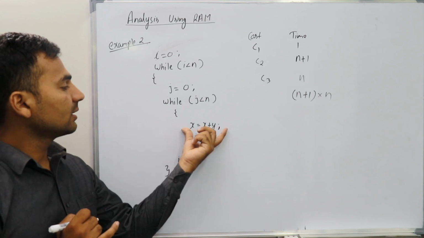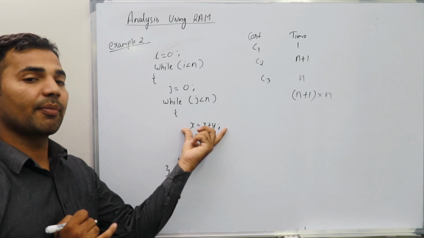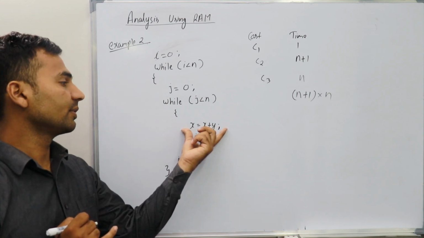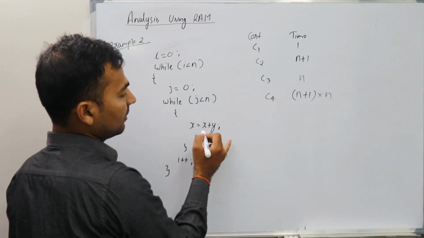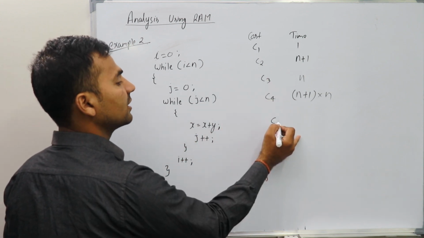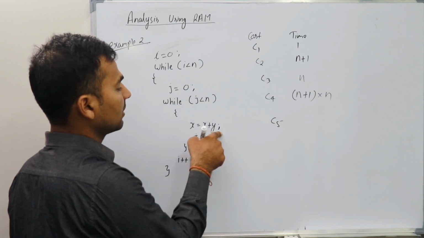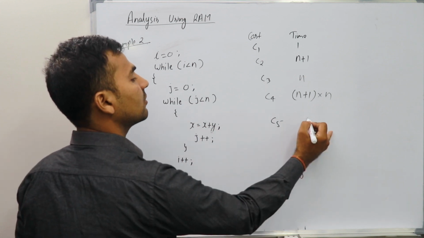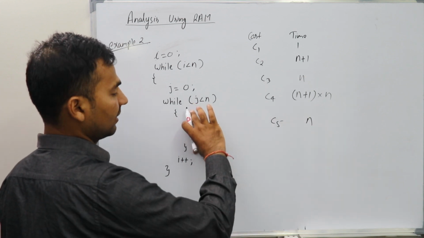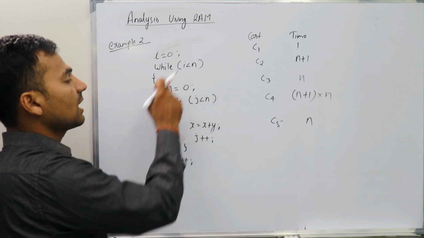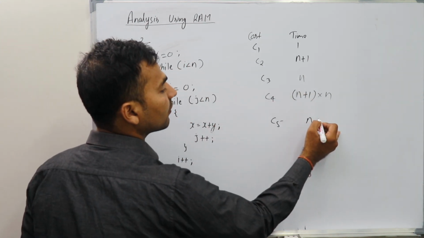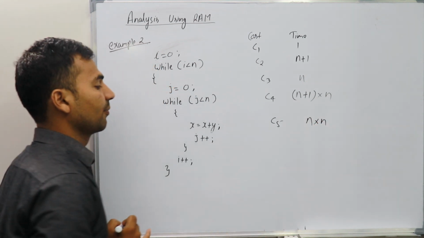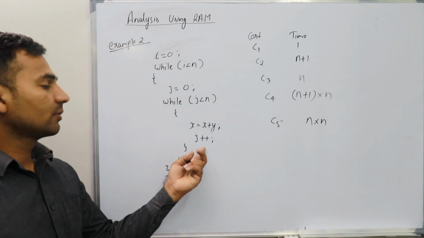Now how many times does this primitive operation, or this arithmetic operation, execute? So this one takes some constant time C4, and this also takes some constant time, let us say C5. Now how many times does this one execute? This executes for n times, because it is inside this while loop, and this is also inside the whole body of this while loop, therefore it again executes for n into n times. Now how many times does this one execute?